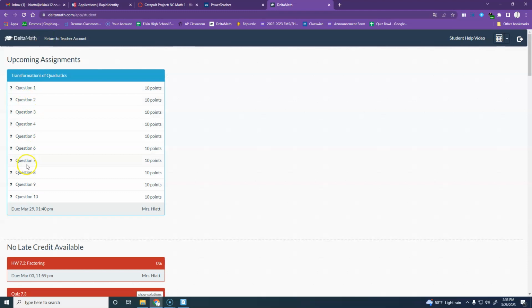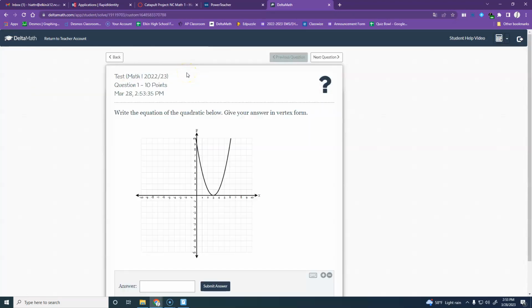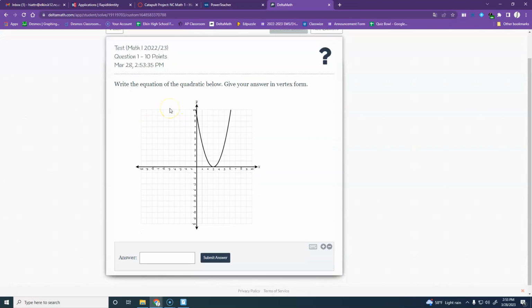It is set up sort of like, because I entered these questions myself, Delta Math didn't have a lot on this. So if you miss it, it's not going to let you go back and redo another question for that. Now, these may be a little bit tougher. That asks you to write the quadratic equation of the quadratic below. When it says give your answer in vertex form, I should explain vertex form means that you have shifted it.